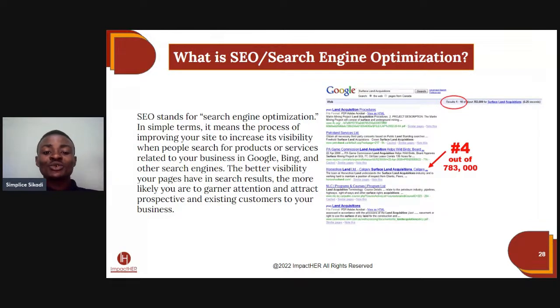On the first page, you can have maybe just 6 or 7 of them, out of 783,000. So the idea of search engine optimization is so that your website can appear on the first page. Because as long as it doesn't appear on the first page, people are not going to click on your website. That's the idea of search engine optimization.